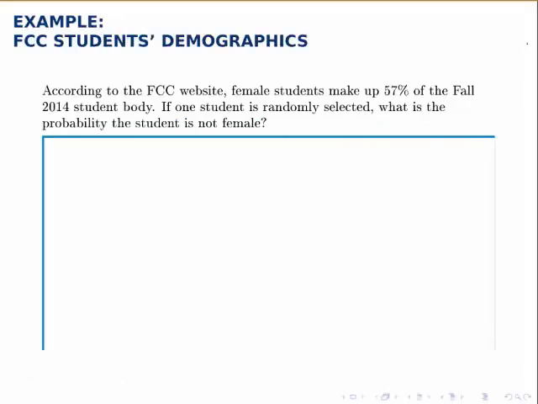According to the FCC website, female students make up 57% of the fall 2014 student body. If one student is randomly selected from the student body, what is the probability that that student is not female? Again, we're doing a probability of something not occurring, and that's always 1 minus the probability that that does occur.